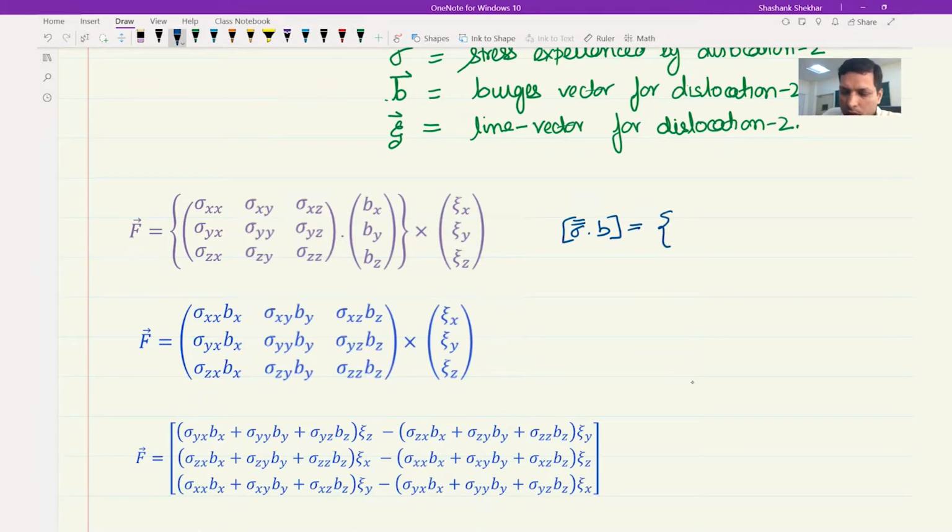So when you have sigma dot b, it is a dot product, so we can as well write it as sigma ij into bj. And this is for the sigma dot b part. When you put it together, I will write it in terms of xyz and also in terms of 1, 2, 3, because at many places it will be easier to handle this quantity in terms of 1, 2, 3.